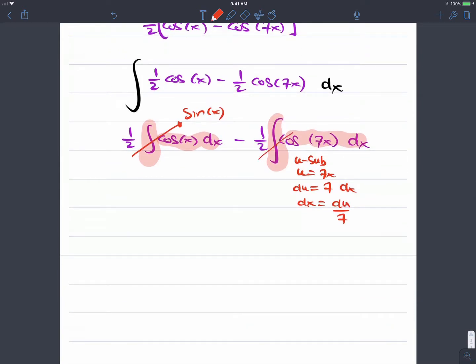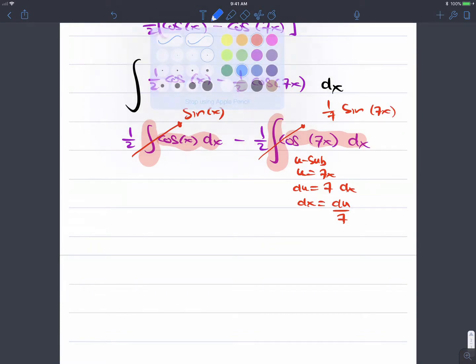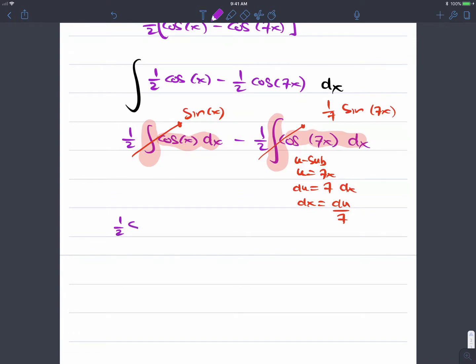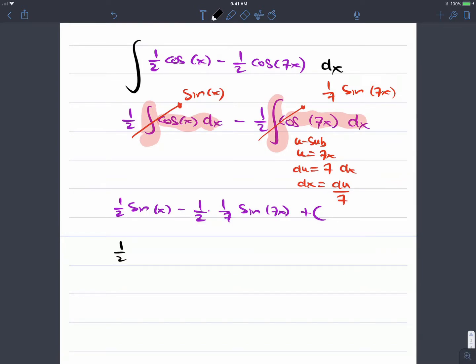So this integral now will be 1/7 sine 7x. So altogether, we have 1/2 sine x minus 1/2 times that 1/7 sine 7x, and let's add our constant. 1/2 sine x minus 1/14 sine 7x plus that c.